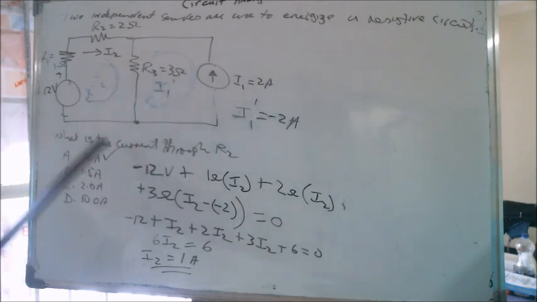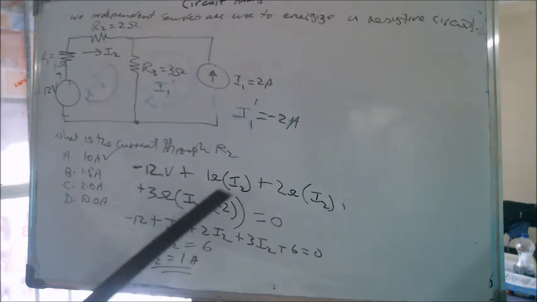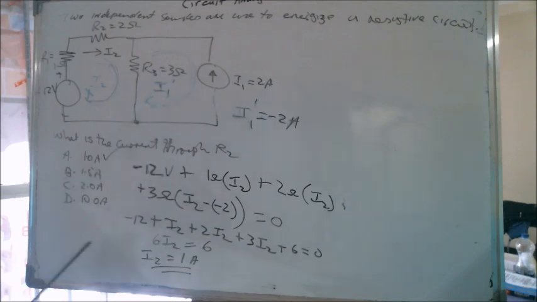Once we substitute those values in, there's no need to use the second loop anymore, because the second loop has a current source. You substitute that value here and work out I2 based on the first equation around loop 1, and it works out to be 1 amp.